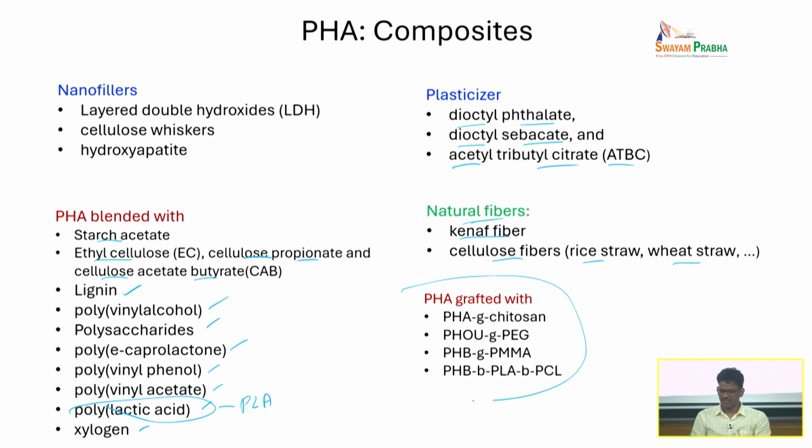Recently, there is a lot of development happening in grafting. That means you take your PHA and then chemically link other polymers or functional groups. For example, there's one study in which PHA and chitosan are grafted.